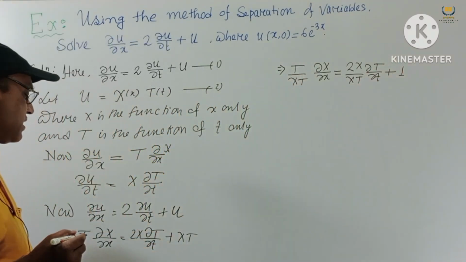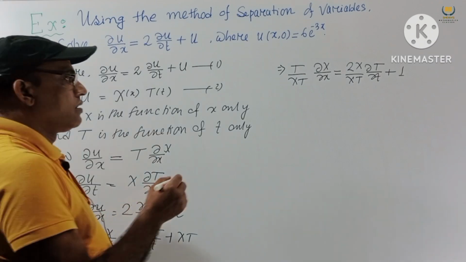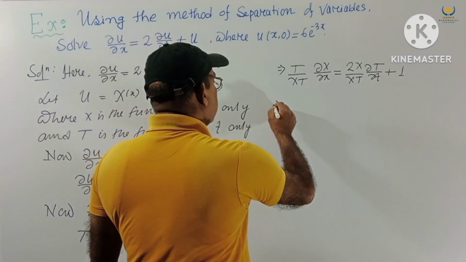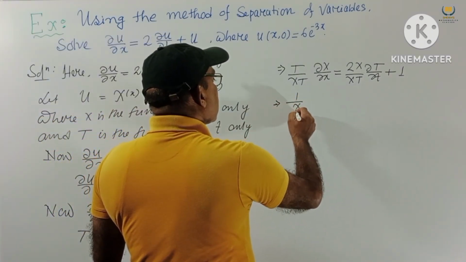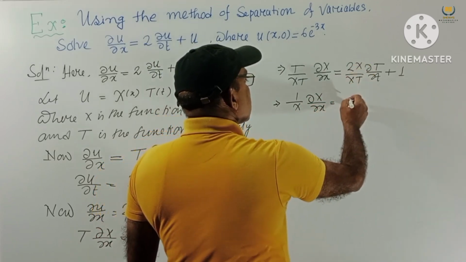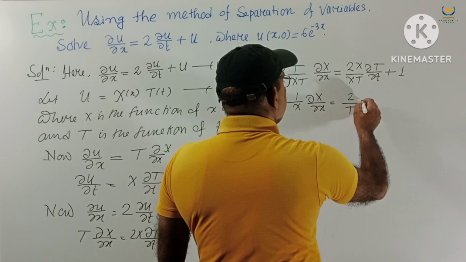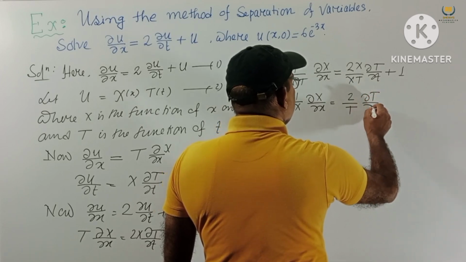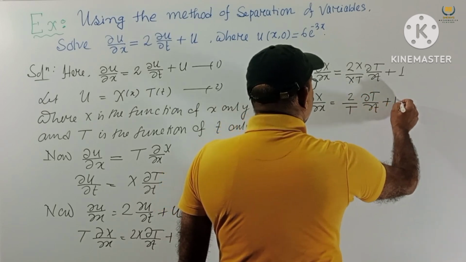Dividing both sides by XT, we get this one. Then 1/X ∂X/∂x equals, X cancels, 2/T ∂T/∂t plus 1.